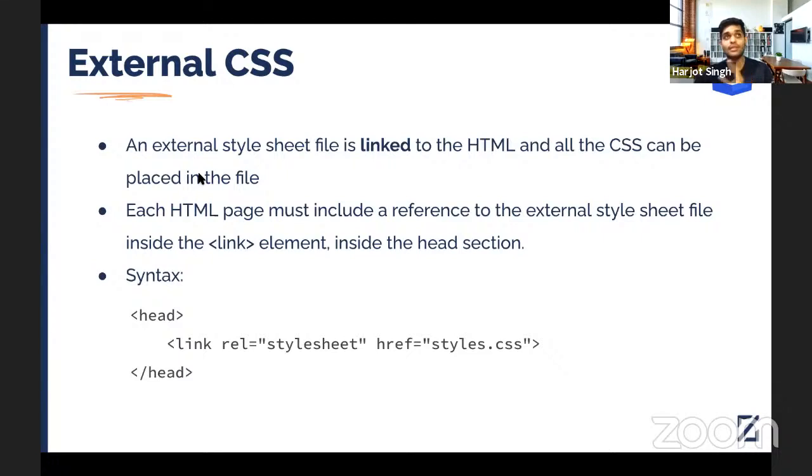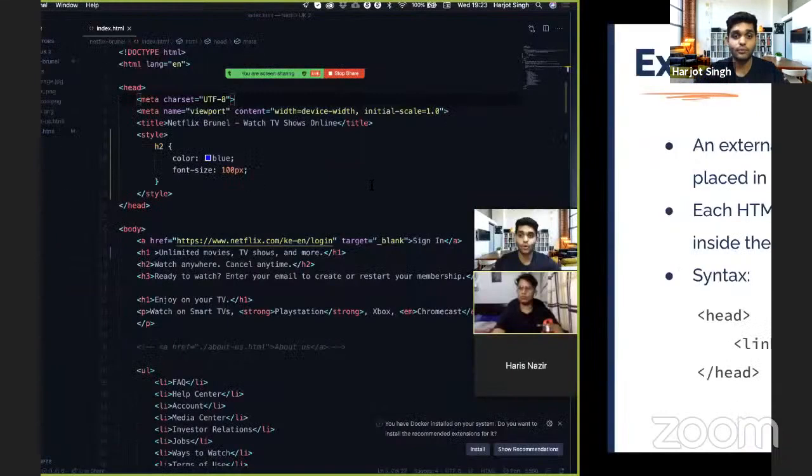And then we link that with the HTML page using the link element, the link tag, and create a relationship of style sheet. So a link tag has something called rel, relationship, and we call it stylesheet, so that the HTML page can recognize the link tag as a style sheet. I'm going to give you an example of how that works.